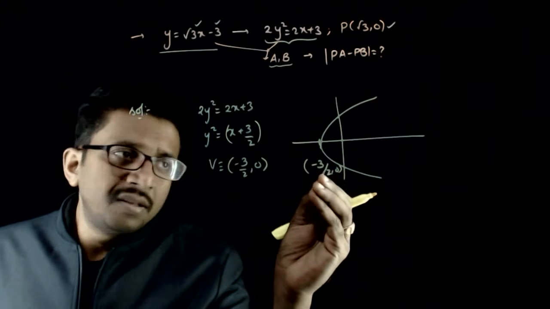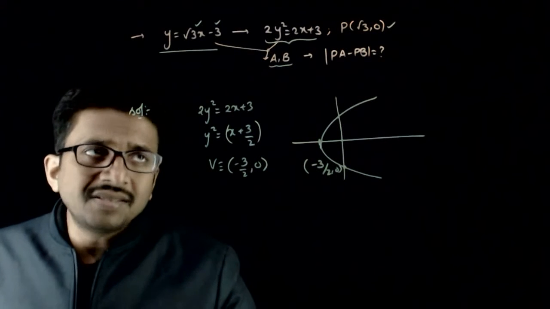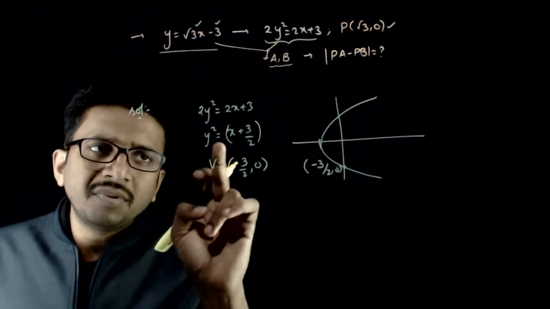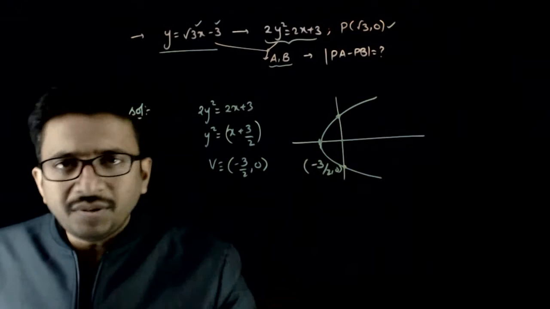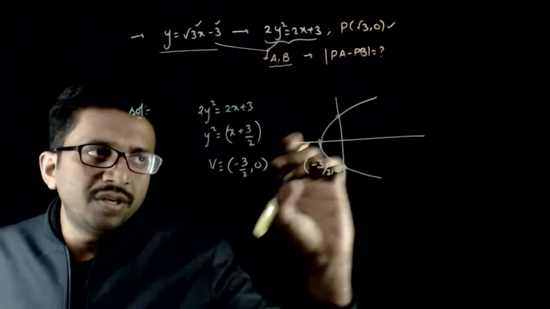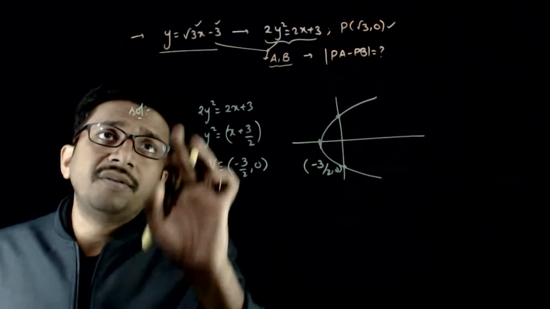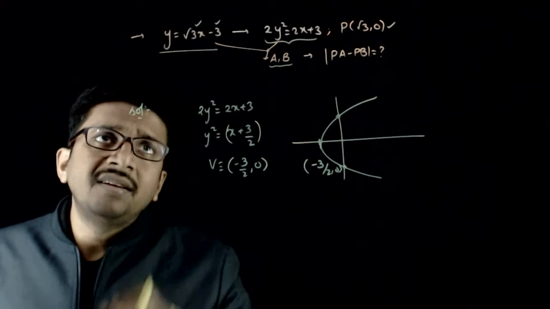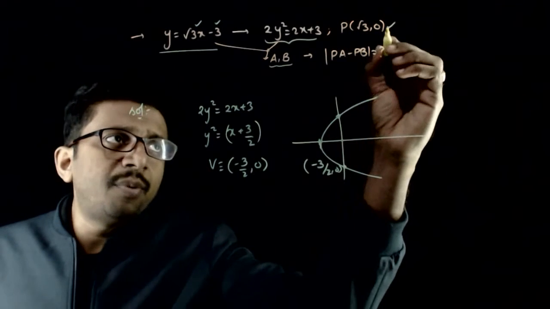And what are the points where this parabola meets the y-axis? If you put x is equal to 0, y will be plus root 3 by 2 and minus root 3 by 2. These are the two points that you have. Now we have the parabola, the line y is equal to root 3x minus 3, and the point (root 3, 0).